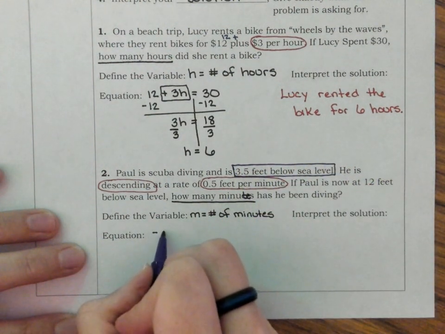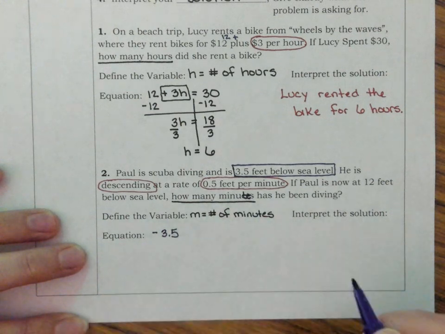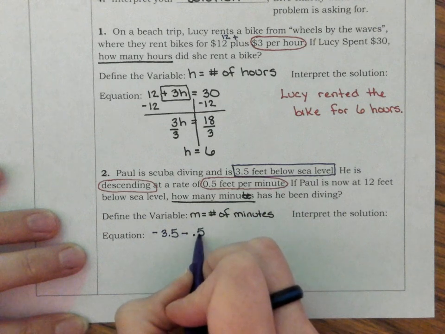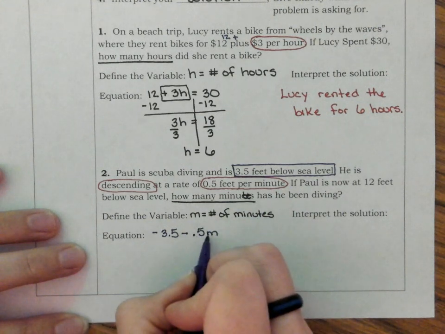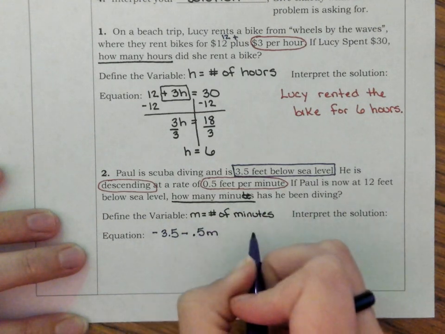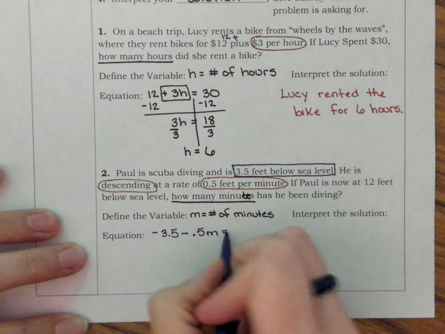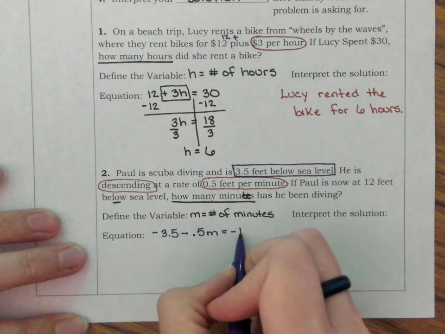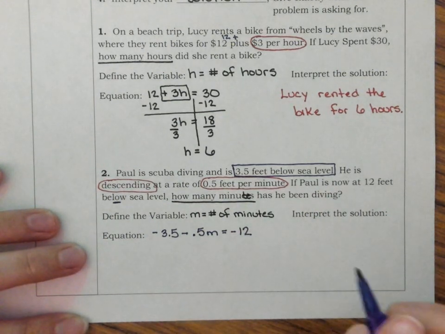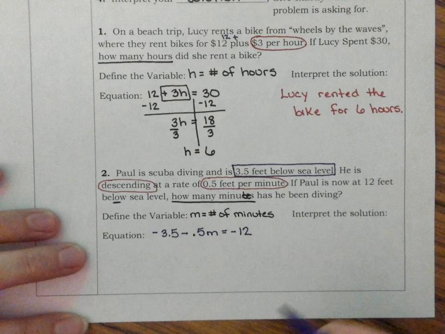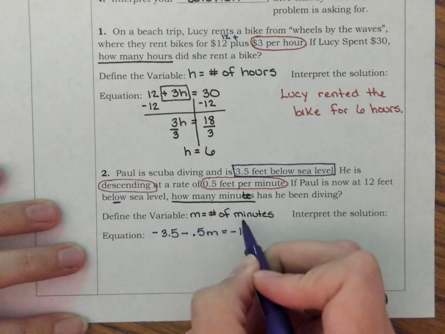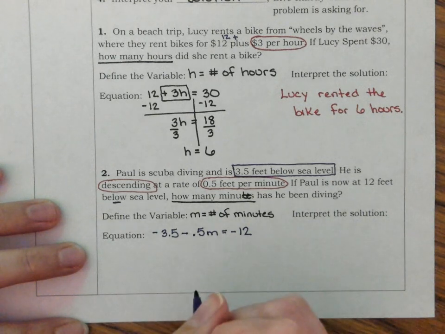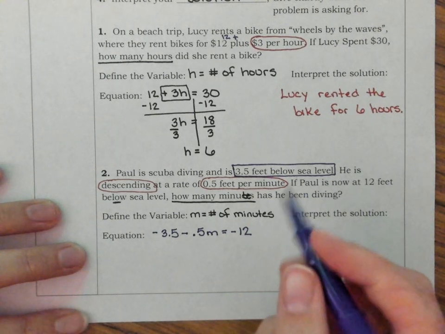So I started at negative 3.5, and I am descending 0.5 feet per minute. And then it says he will be at 12 feet below sea level. So I'm still underwater, so it's a negative 12. Now, minutes can't be a negative answer, so when I solve this equation and I put everything together, I should end up with a positive answer.